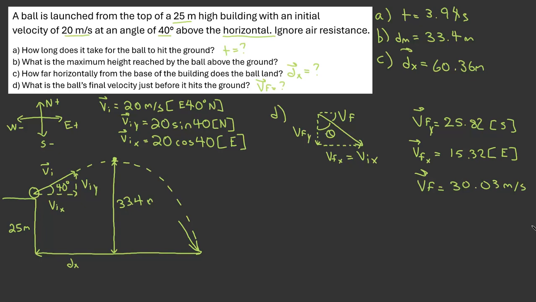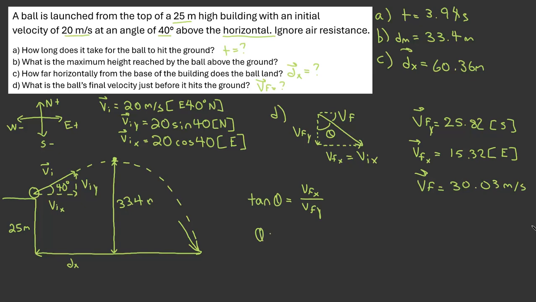So to find this angle, again, trigonometric ratios, it doesn't matter which one, I'll use my tan ratio, which is opposite over adjacent. With respect to this angle, my VFX is my opposite and my VFY is my adjacent.